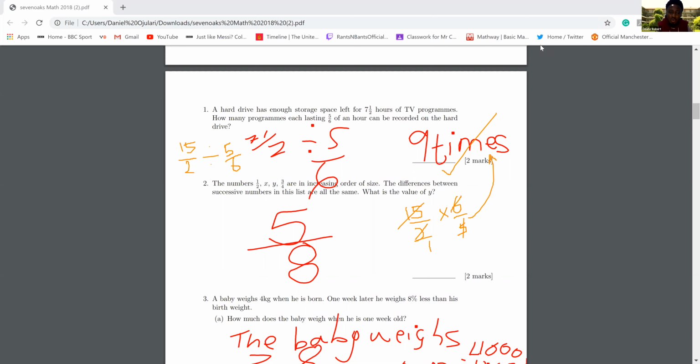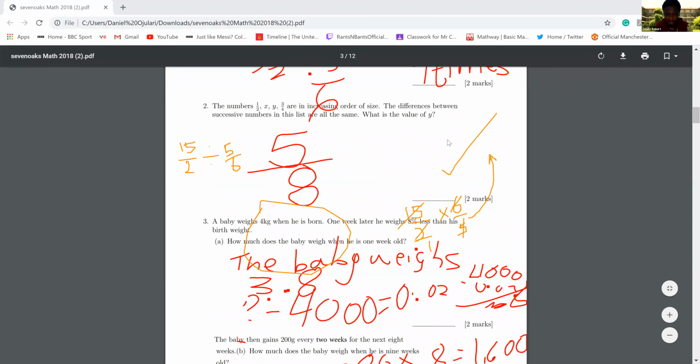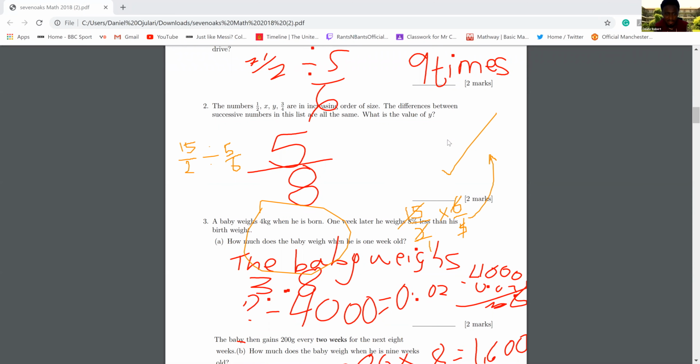Now, I'm going to warn you. Scroll down a little. Go to number 3. You need to do that meticulously so that you do not miss marks.